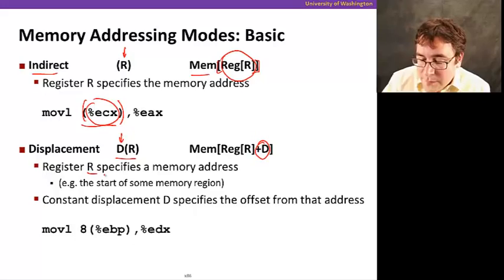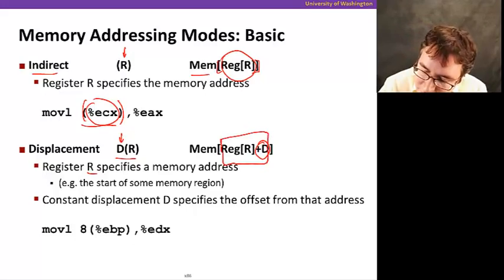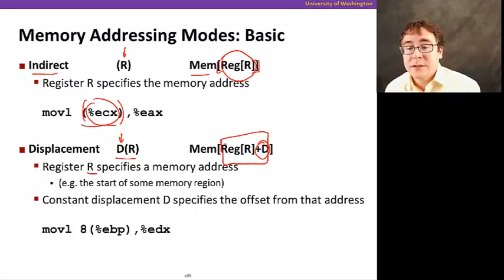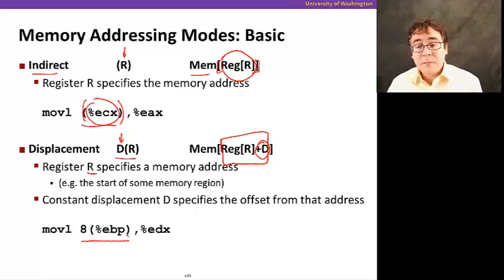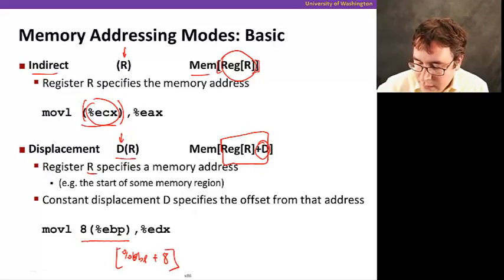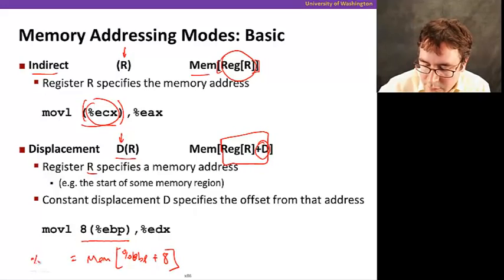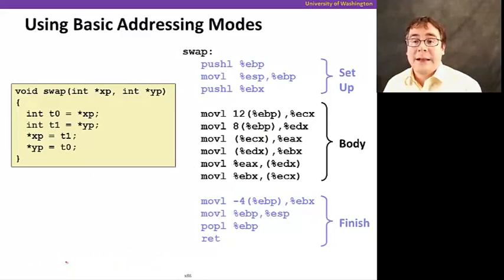So register R specifies a memory address, but the final memory address is obtained by adding the contents of that register with this constant D. For example, here what we're doing is getting the contents of EBP, adding 8, using that as the address to memory, and storing that into EDX. Easy, right? So now let's use these basic addressing modes in an example.